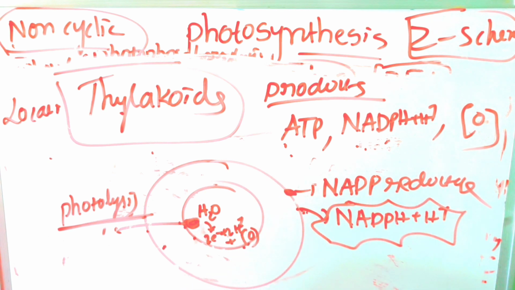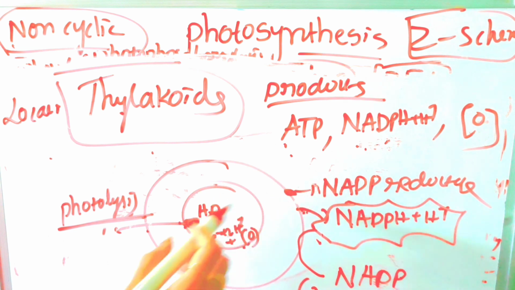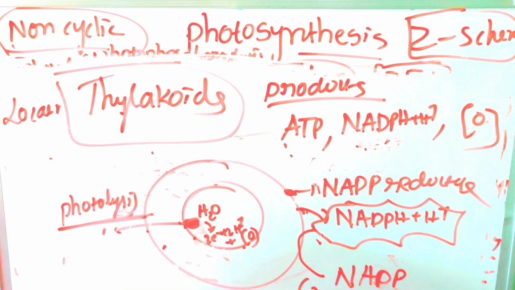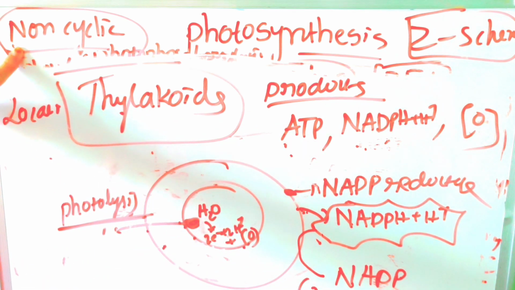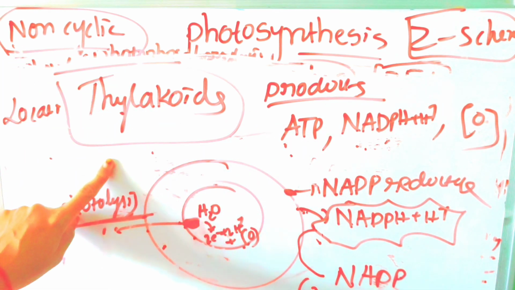NADP reductase is utilized for the synthesis of the reducing power NADPH plus H plus from NADP. NADP takes 2 electrons and 2 protons and is converted into NADPH plus H plus with the help of the enzyme NADP reductase. This is the complete non-cyclic photophosphorylation.